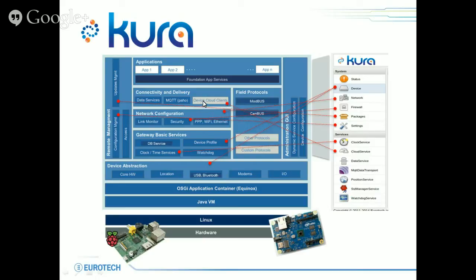You have the configuration of the client to cloud. You can configure the data service, here at this level and at this level. And then the MQTT data transportation, the position, so GPS, the geographical localization of the device, the secure socket layer, again in the transportation protocol, and then you can configure the watchdog service.